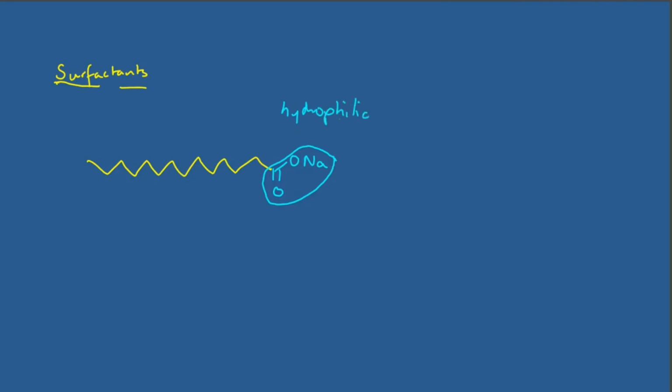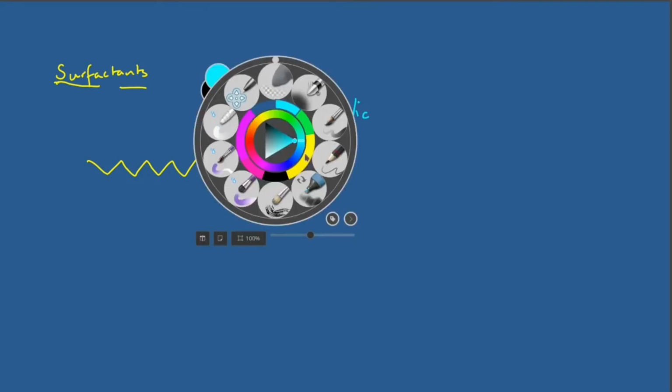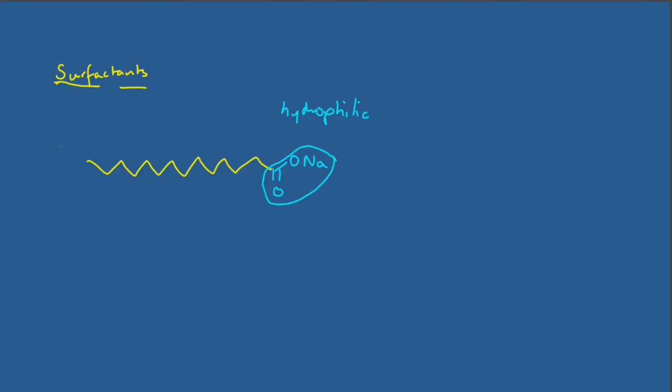Now this other end, the yellow wibbly wobbly carbon chain, however, doesn't have any polar bits in it. This really, really doesn't like water. There's no interactions, no benefit for this breaking up the hydrogen bonding that's present in water. It's really insoluble.